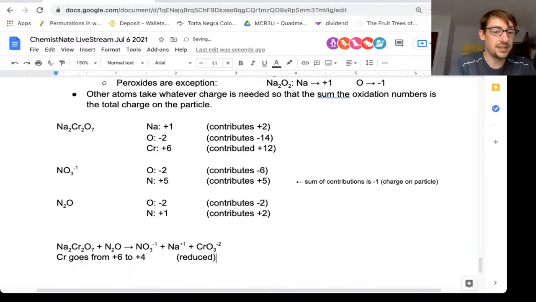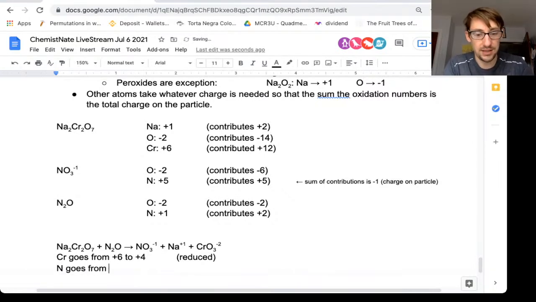It's actually called reduction because it's the oxidation number that is getting reduced. And so the N is going to go from +1 to +5. The way that I've written this, it is the N that is oxidized.